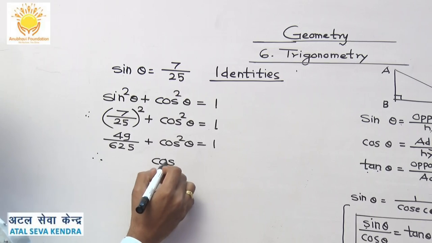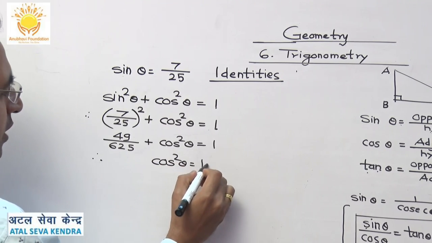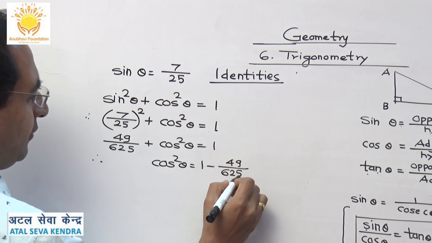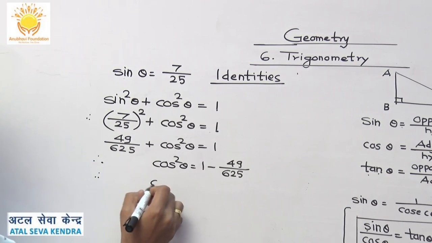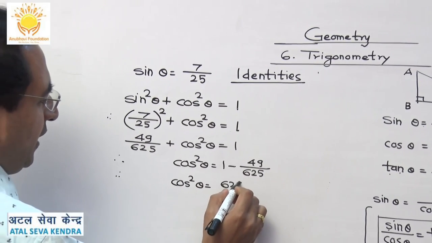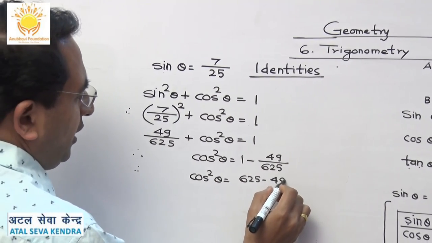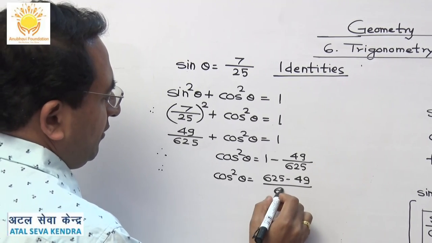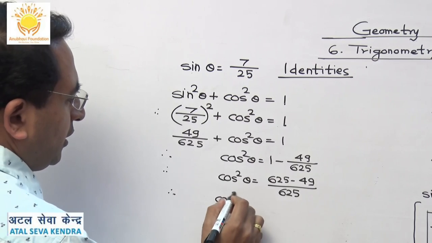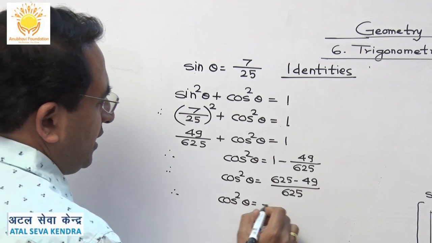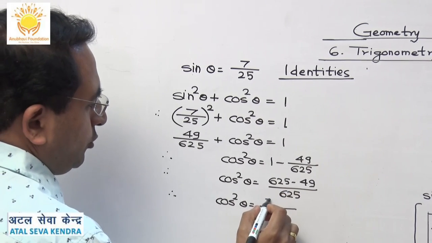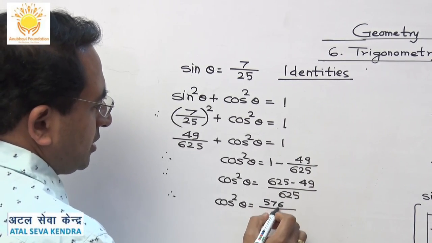Therefore cos square theta is 1 minus 49 upon 625. Therefore we can write cos square theta is going to be 625 minus 49 upon 625. So cos square theta is 625 minus 49, which is 576 upon 625.